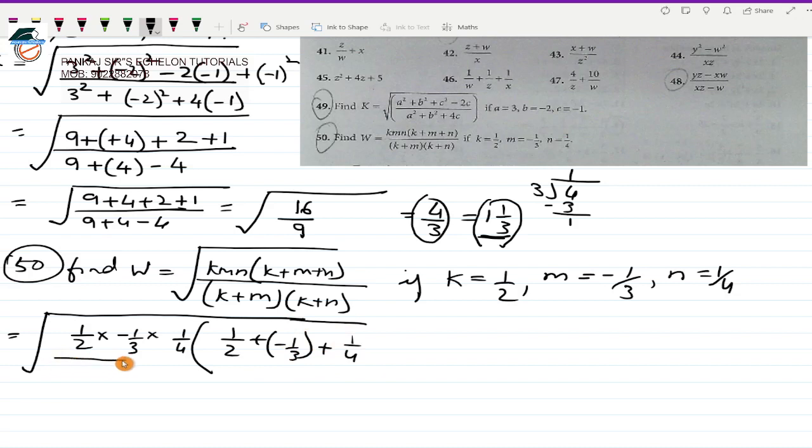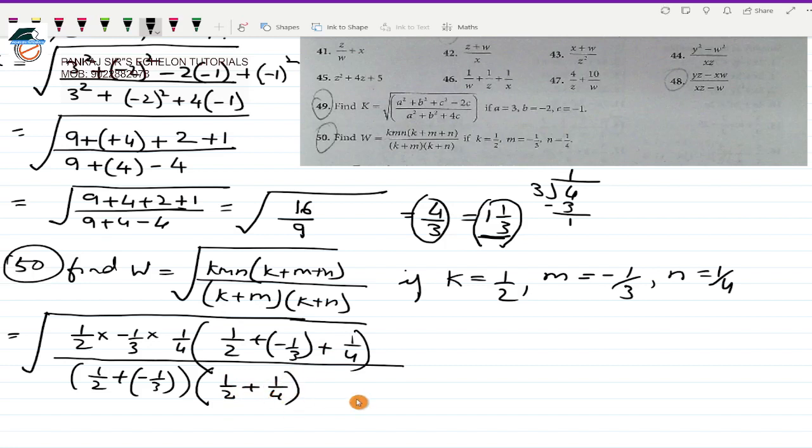Now this thing upon, close the bracket, this thing upon k plus m. So k is again 1 by 2 plus m is how much? It is minus 1 by 3. So I'm going to use a bracket here. Close the bracket, multiplied by again k, so 1 by 2, again plus, and n is 1 by 4. So I'm not using a bracket, this 1 by 4. That's it. This should be equal to a big square root over here.